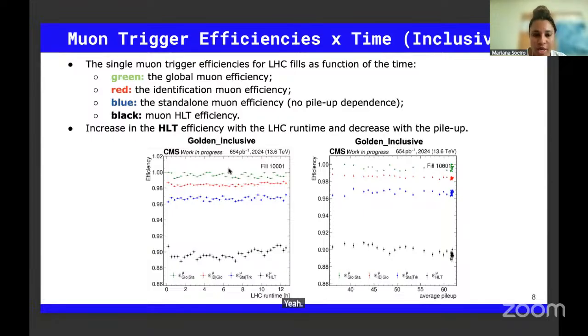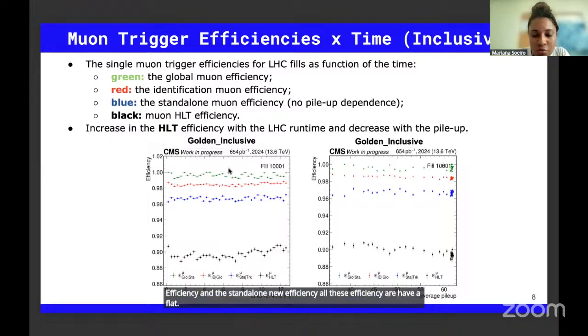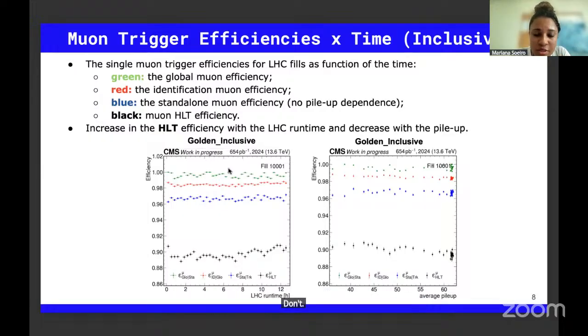Considering this slide, we have the global muon efficiency, the identification muon efficiency, and the standalone muon efficiency. All these efficiencies have a flat distribution, and you don't see so much difference considering the time dependence. And considering the pileup as well, we don't see so much difference.